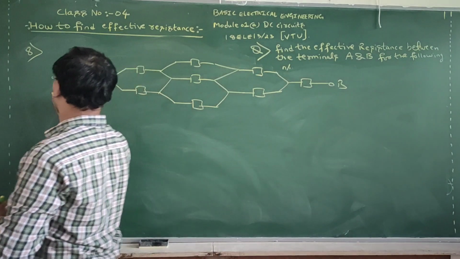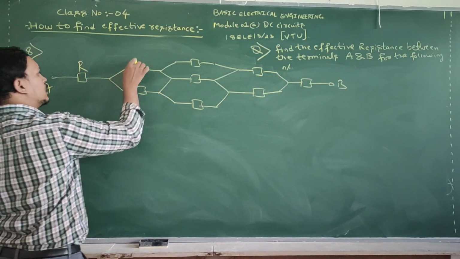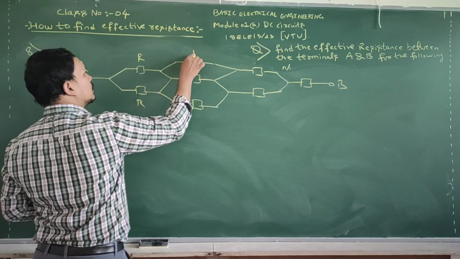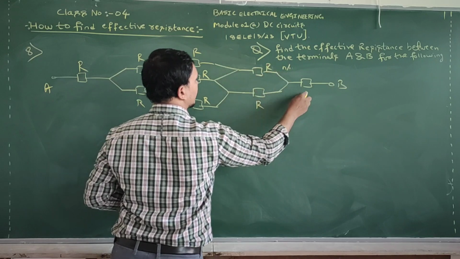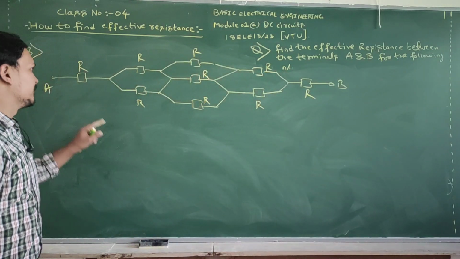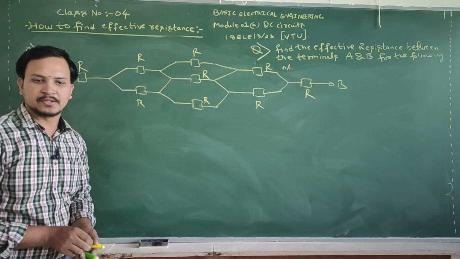So terminal A and terminal B. All this network is having the same resistance, R, and R. What is the effective resistance? Now I have not given any values. You will get the answer in terms of R.